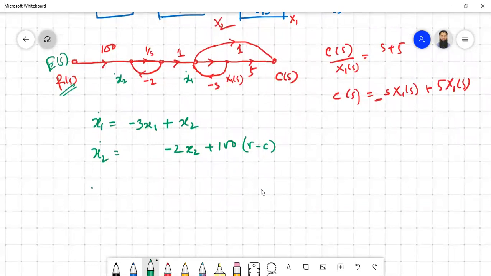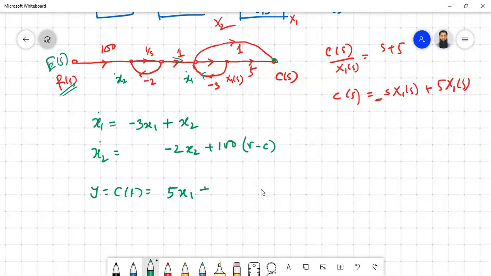Also, what is our output? Output y equal to c(t) is equal to 5x1 plus, as you can see here, x2 is coming as well as this minus 3x1. So the whole thing is fed back there.